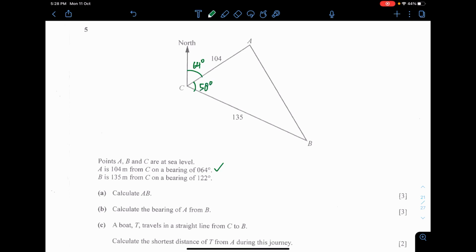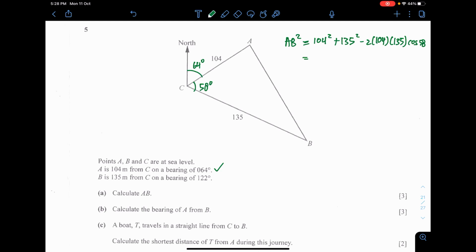Then to find the length of AB, I just use the cosine rule, which is given at the front of the formula sheet in the O level, so you should have no trouble copying the formula. A little bit of tips for the cosine rule: please be careful when you are summing the numbers.